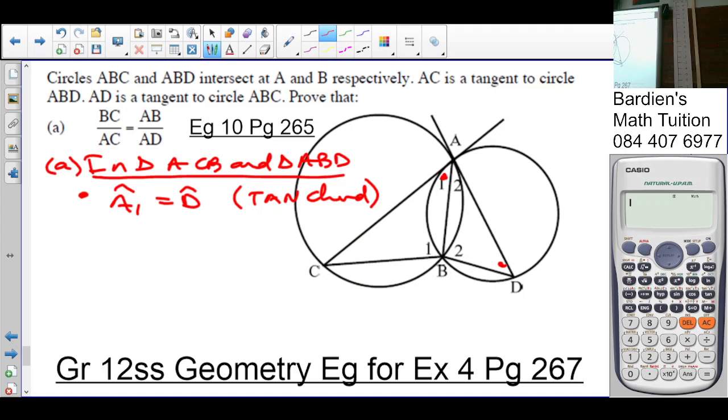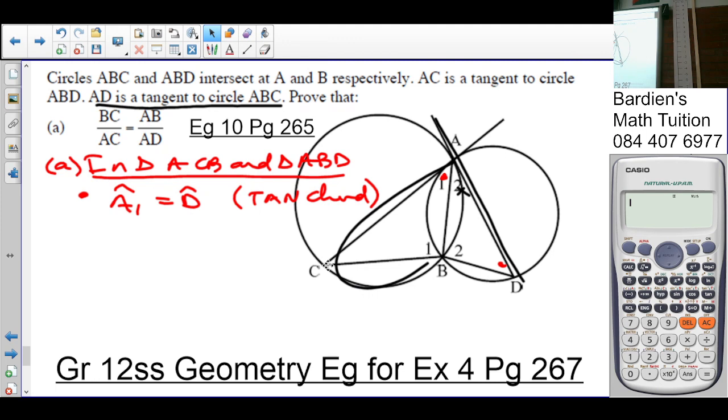Oh, they told us, I didn't even read this one. AD is a tangent to the other circle, which is this line here, so A2 is equal to angle C. Why? Tan chord theorem.